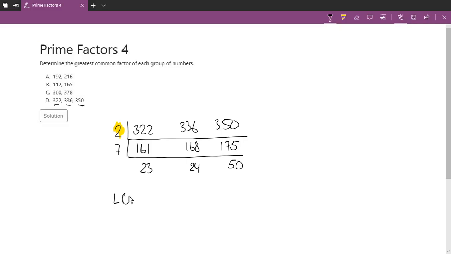So our lowest common multiple, we take the numbers in the L configuration, it's going to be 2 times 7 times 23 times 24 times 50, which is 386,400.